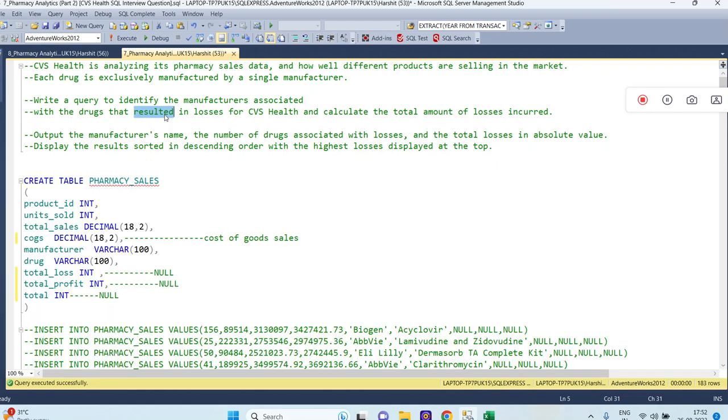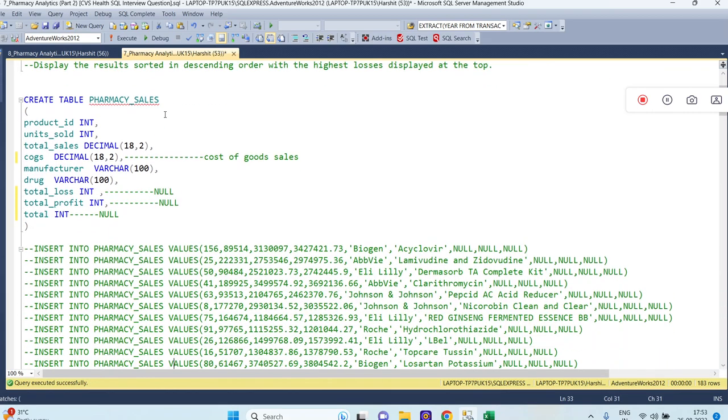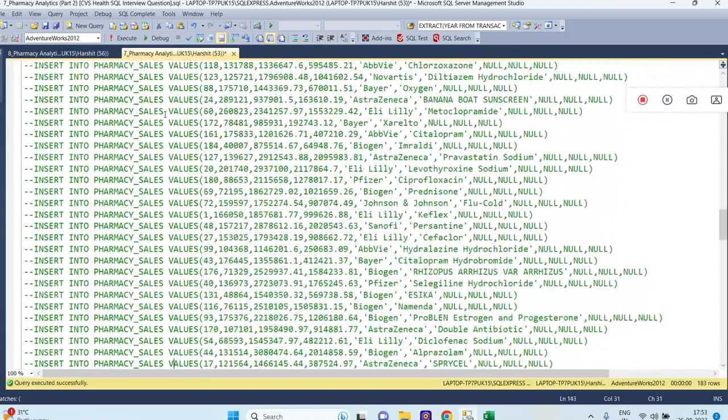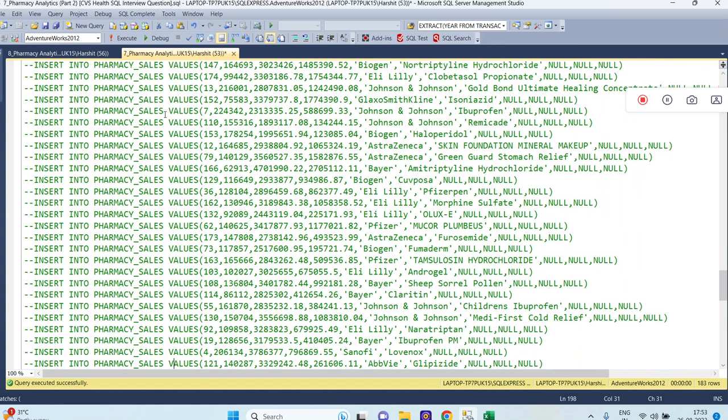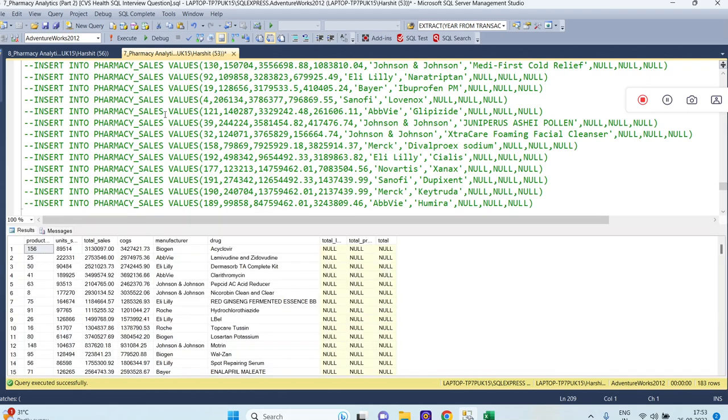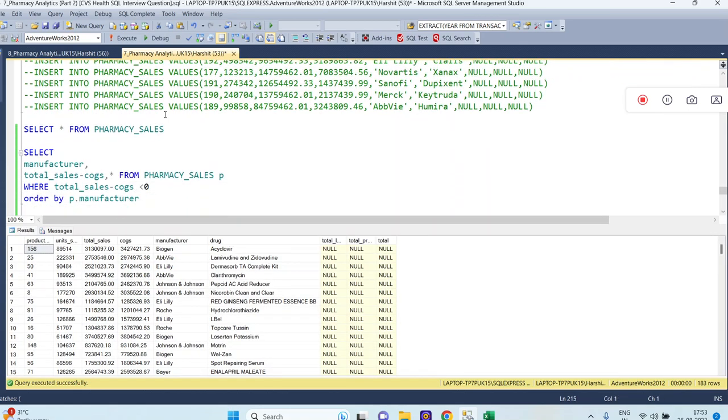So let me show you the same thing. If you see over here, I have already written this; this is our pharmacy sales table, right?